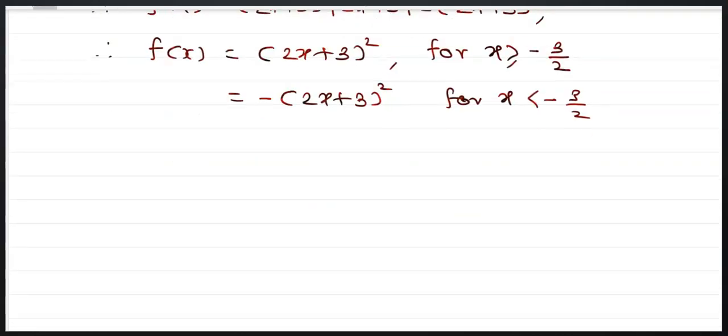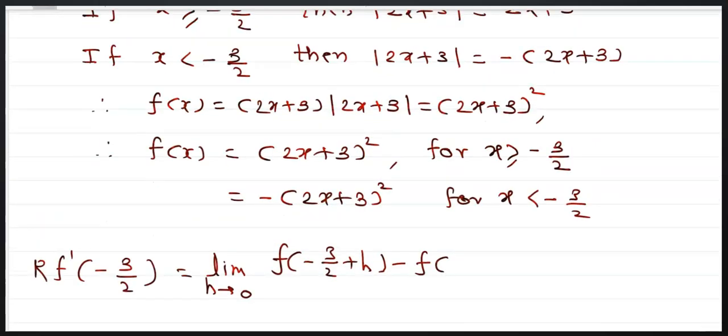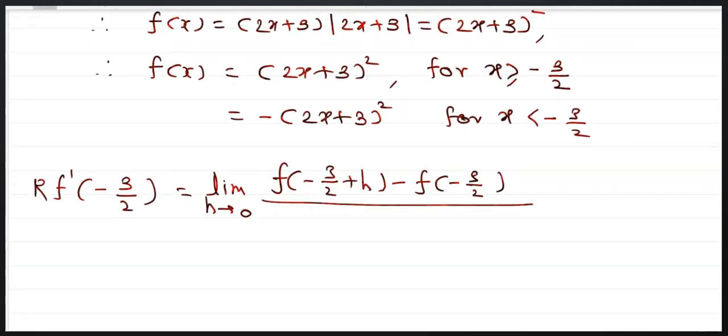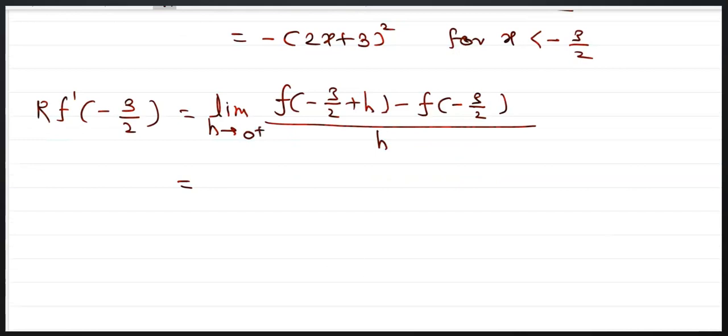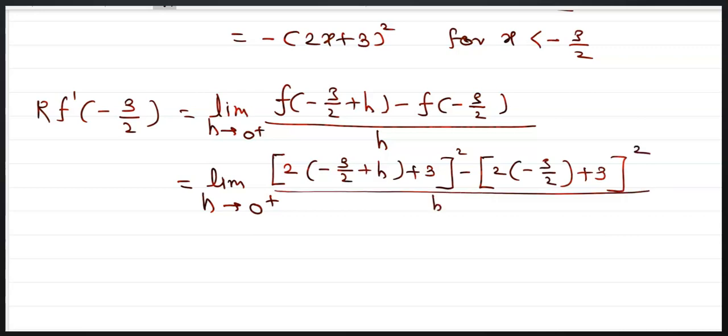Therefore, the right hand side differentiation, left hand side differentiation, it is nothing but the right hand side and left hand side limit. Therefore, limit h tends to 0, we will take the function with the plus sign, upon h. After simplification, you can write this.